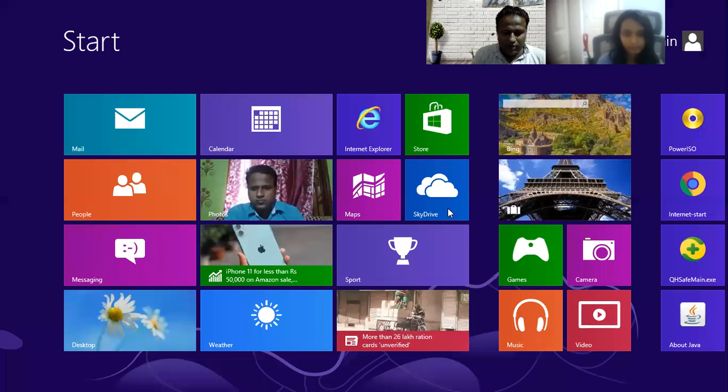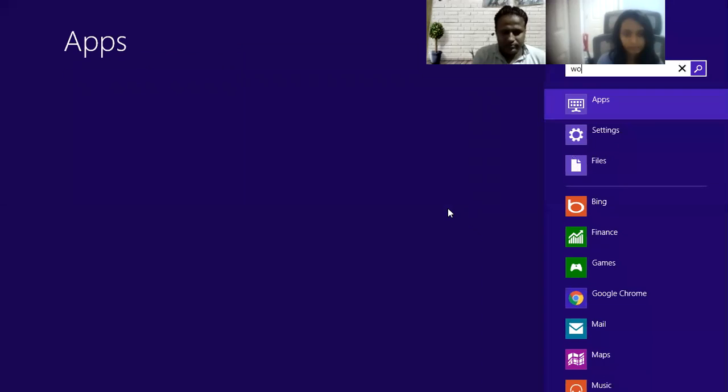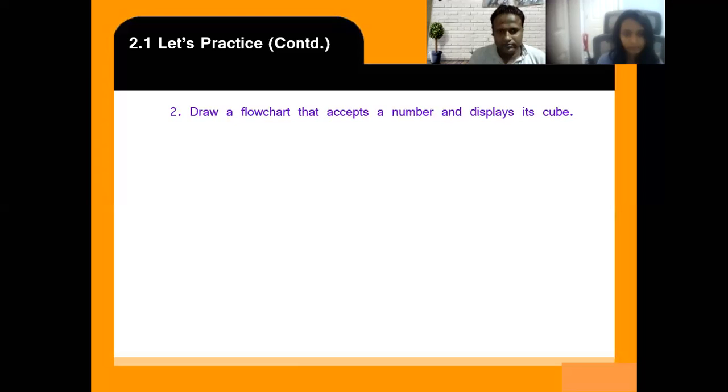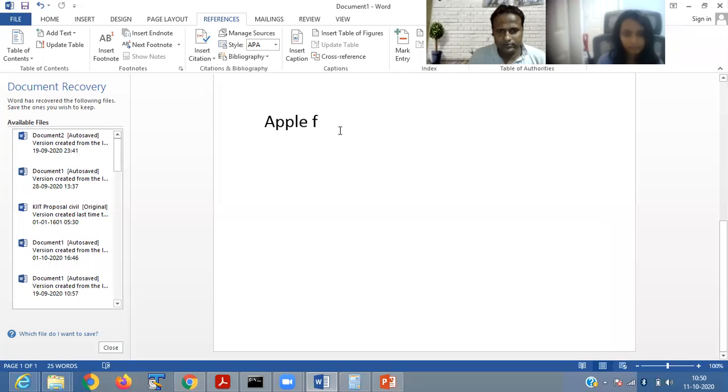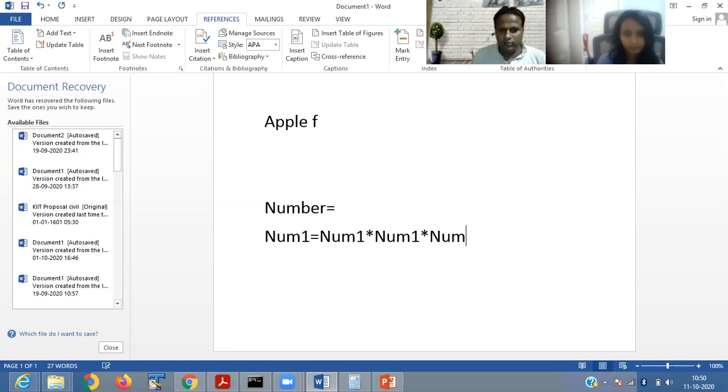Suppose you have a number, and if you want to find out the cube of that number, if your number is num1, then num1 multiplied by num1 then multiplied by num1.